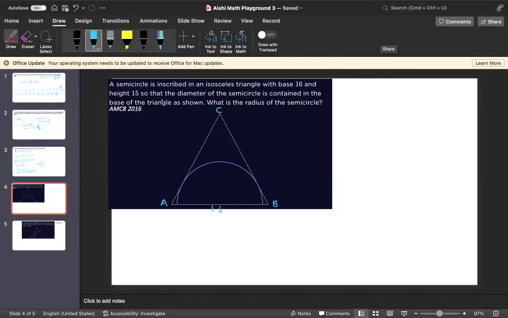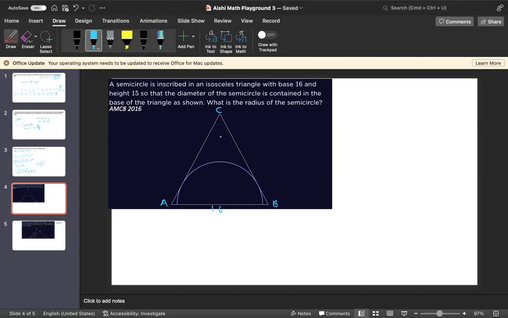Okay, so now it's our fourth question. A semicircle is inscribed in an isosceles triangle with base 16 and height 15, so that the diameter of the semicircle is contained in the base of the triangle as shown. What is the radius of the semicircle?